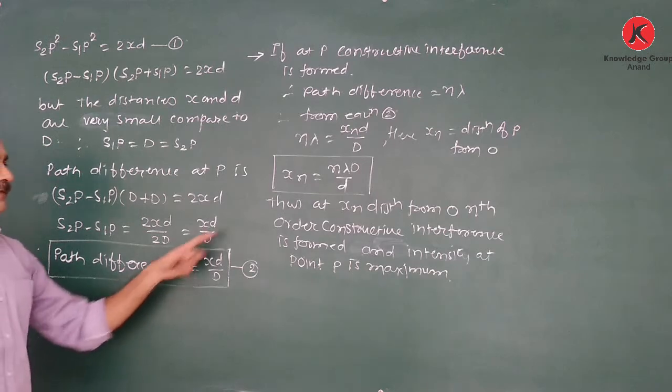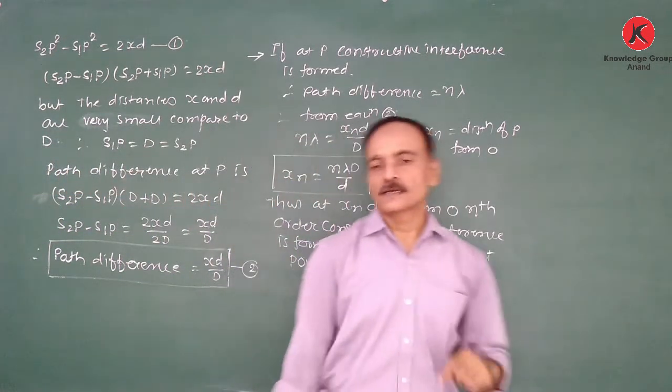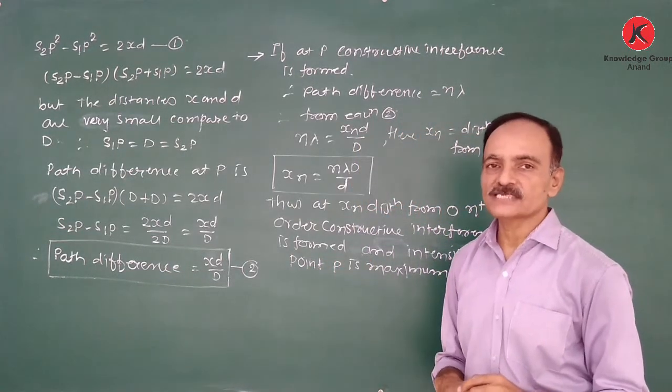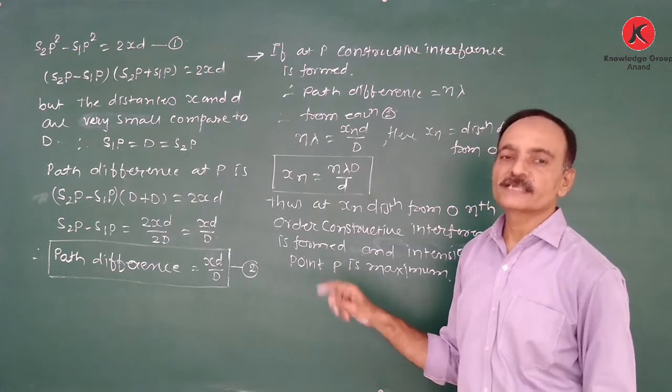So from the path difference we can obtain the position or the point at which the nth order constructive interference takes place, or the nth order bright fringe is obtained in interference.